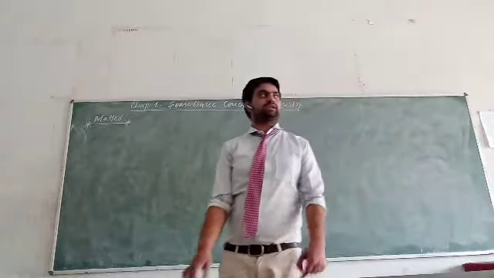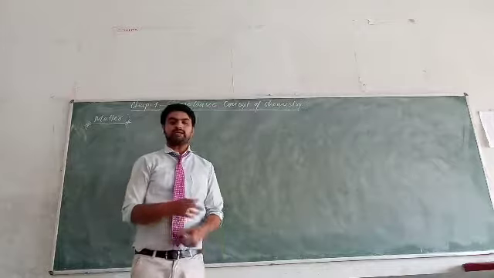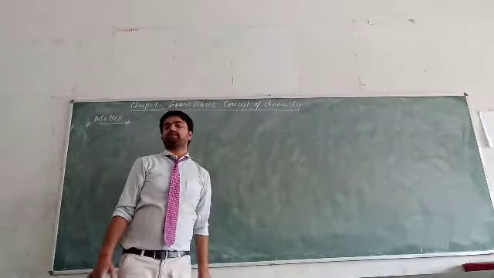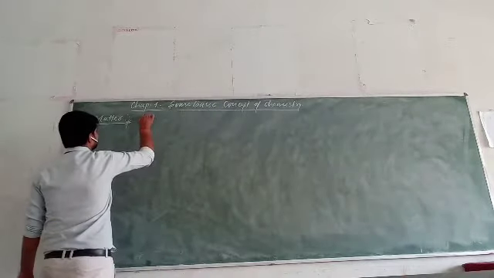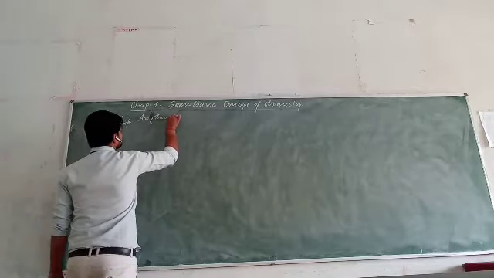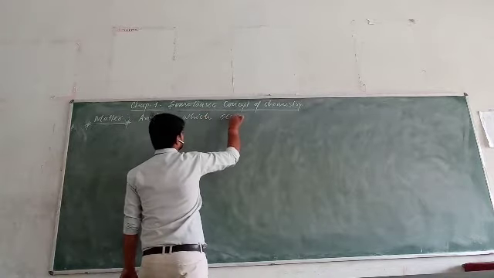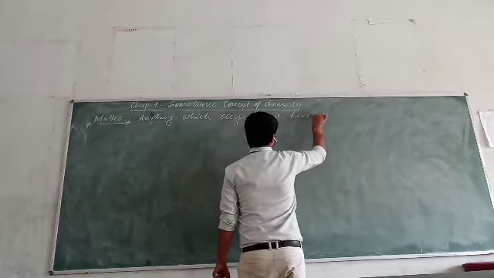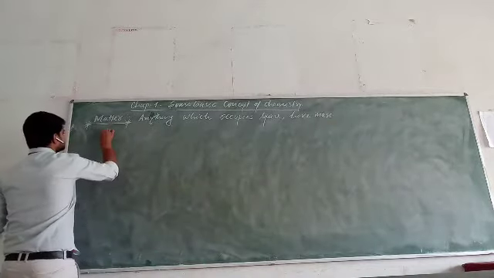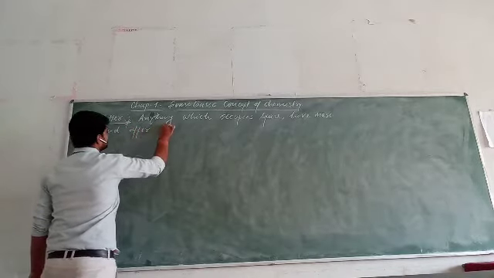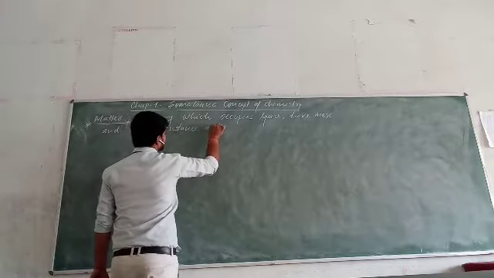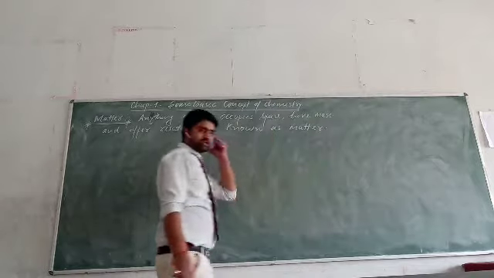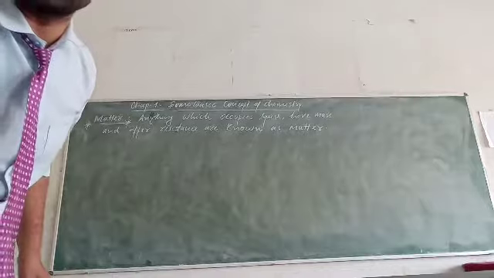Clear? We can see a number of objects around us. These are all matter, because anything which occupies space, has mass and offers resistance is known as matter. So the definition of matter is: anything which occupies space, has mass and offers resistance is known as matter.